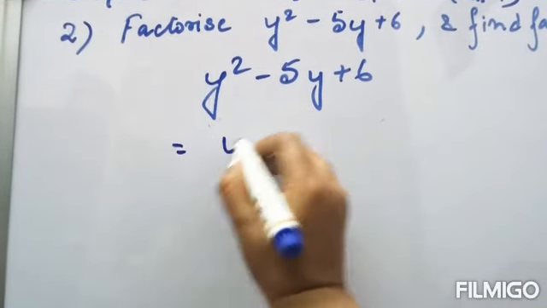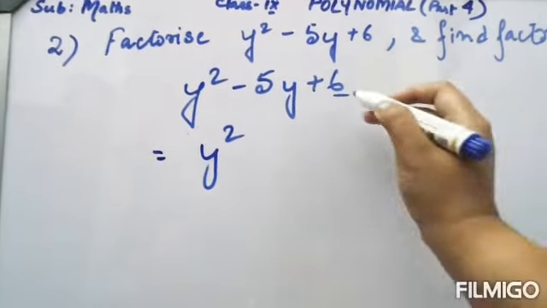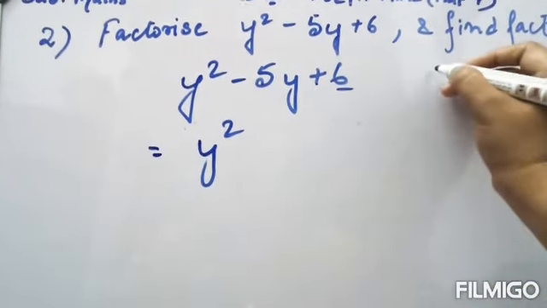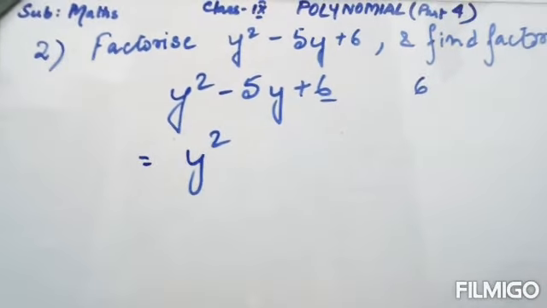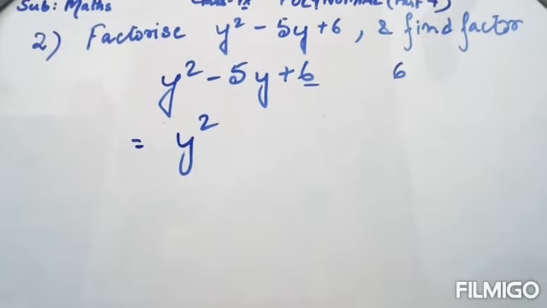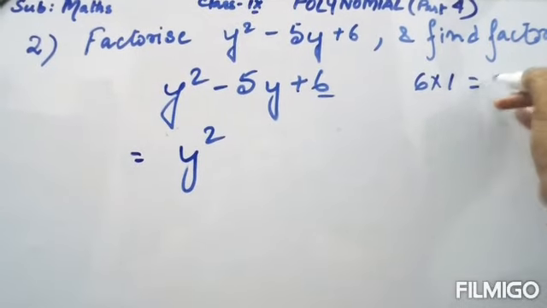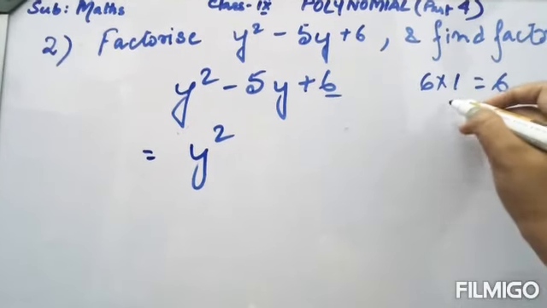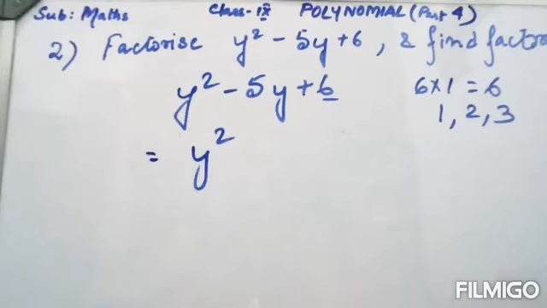Splitting method means we multiply the constant term, which here is 6, with the coefficient of the leading term, which is 1. So 6 into 1 is 6. What are the factors of 6? 1, 2 and 3. Correct.